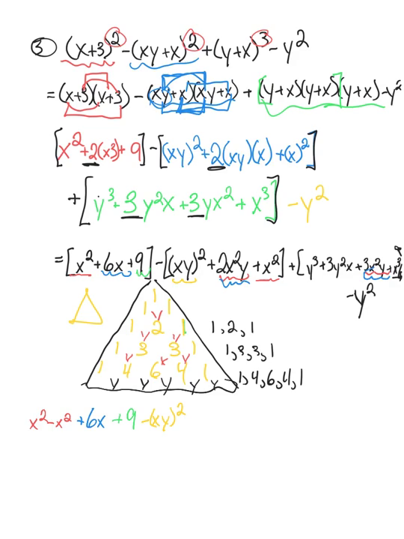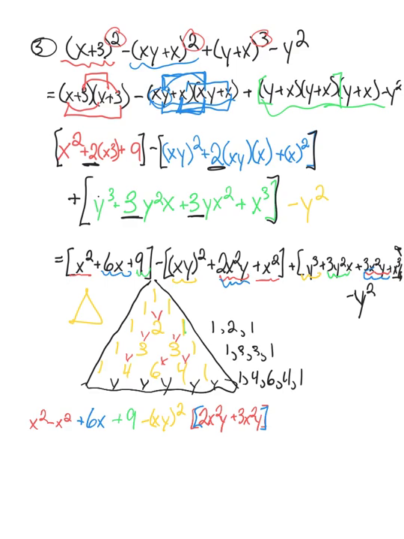So that is going to be 2x squared y plus 3x squared y. Our next terms are going to be a y squared x, which we only have one of, and same for the y cubed, we only have one of those.